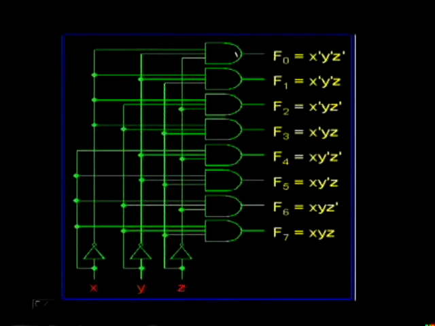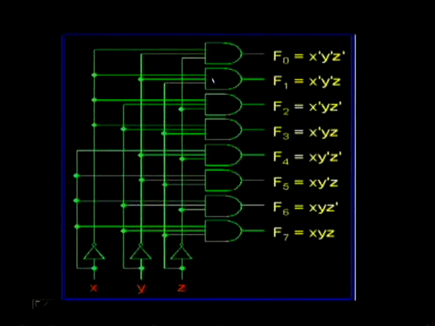So this output will be high if and only if x is 0, y is 0, z is 0, because x bar will become 1, y bar will become 1, z bar will become 1. Hence for the inputs 0, 0, 0, the first AND gate will be activated. Whereas for the other AND gates, at least one of the inputs will be 0, hence they will be forced to 0.